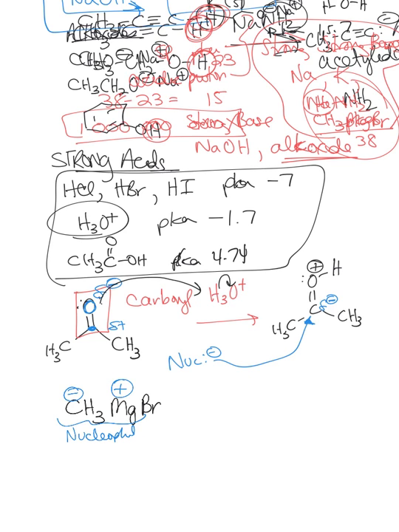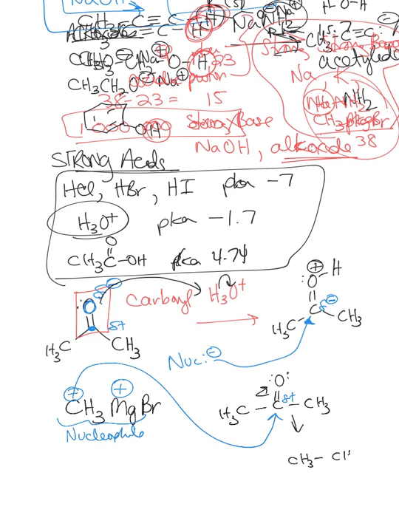In these conditions, you don't even have to have protonation because it's so reactive. What'll happen here is this carbon nucleophile will attack the delta positive carbon. And when that happens, you make an alcohol.